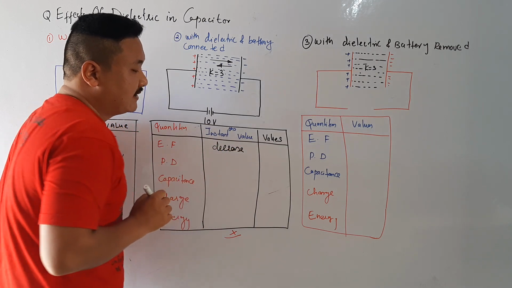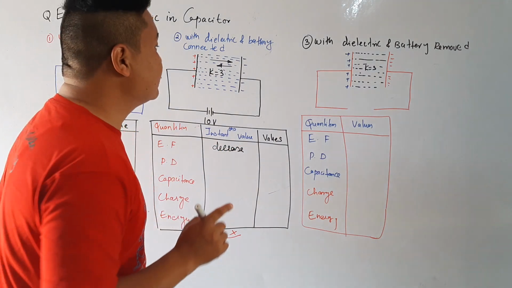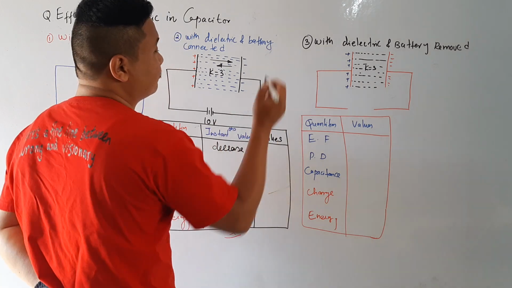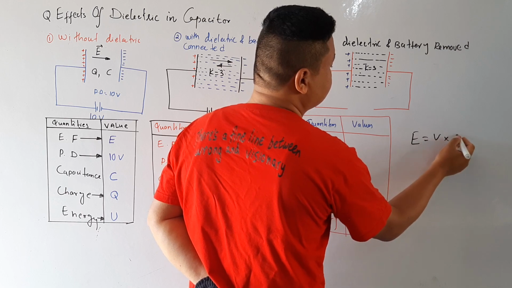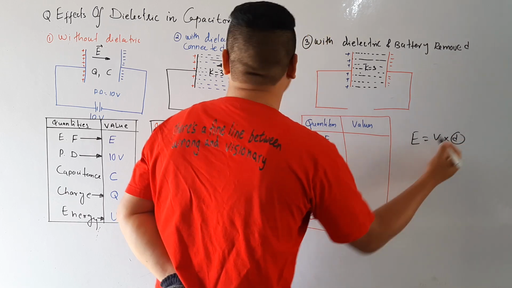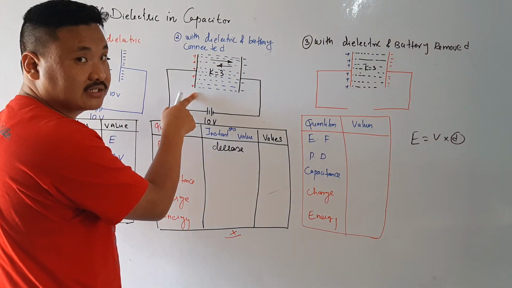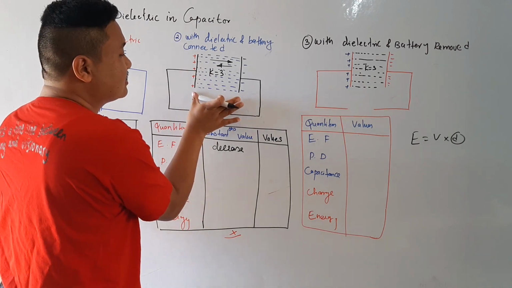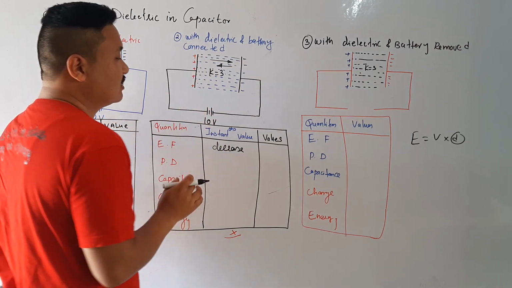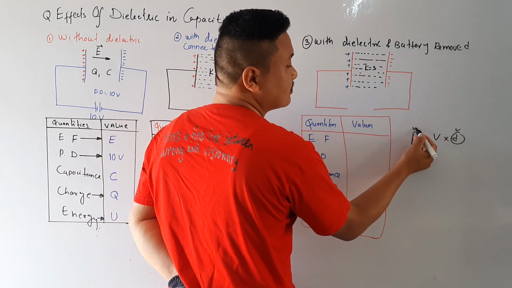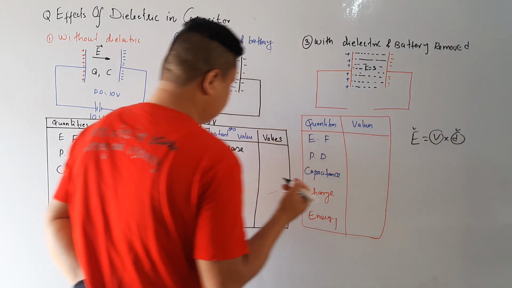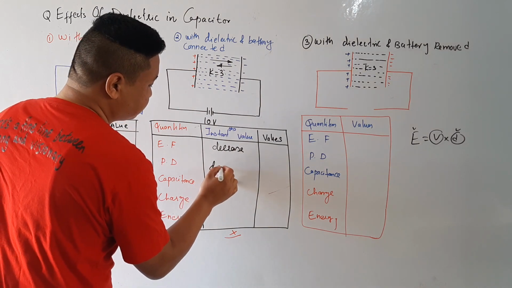Now, we know the formula of electric field, E is equal to V by D. D is constant because I am not changing the capacitor; the distance is the same, the area is the same, and the battery is the same. If E is reduced, then the potential should also decrease.